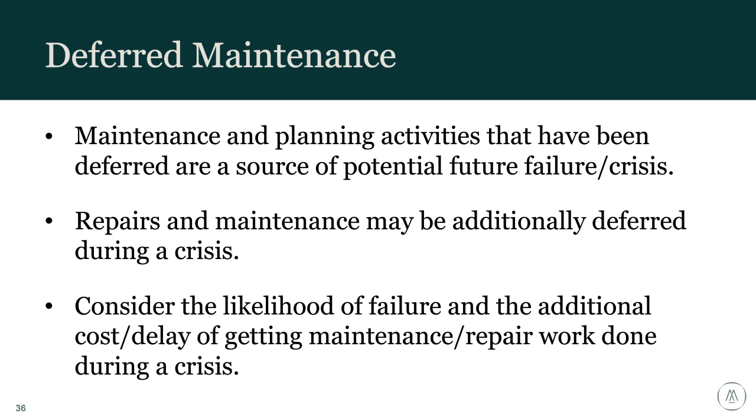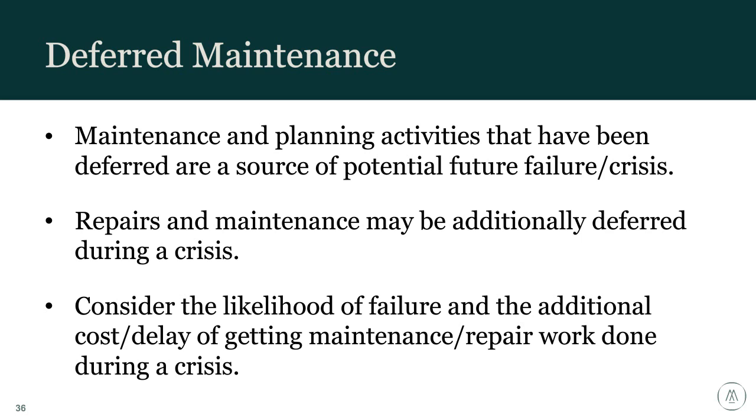We always know that if we've been putting some things off, that's a higher source of potential failure during a crisis. So for each asset, really consider what's the likelihood of this failing during an event, and then what could the potential cost or delay be of getting maintenance or repair work done.